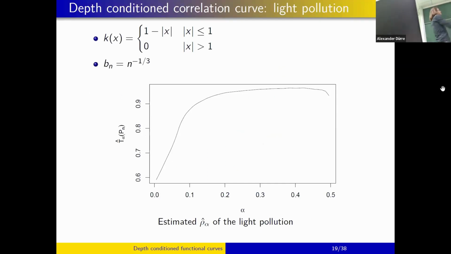Yeah, now we can compute our estimator for our dependence between light intensity and the population density. And we use a triangular kernel to get something which is continuous in estimation. We use the spectral depth, and then we see that the dependence is very large for the central points and smaller for the extreme points.